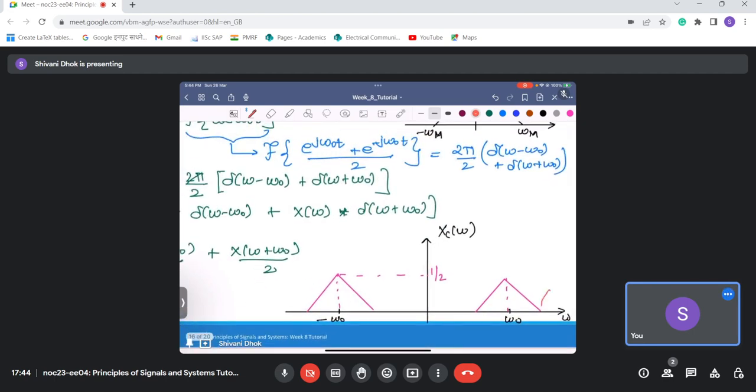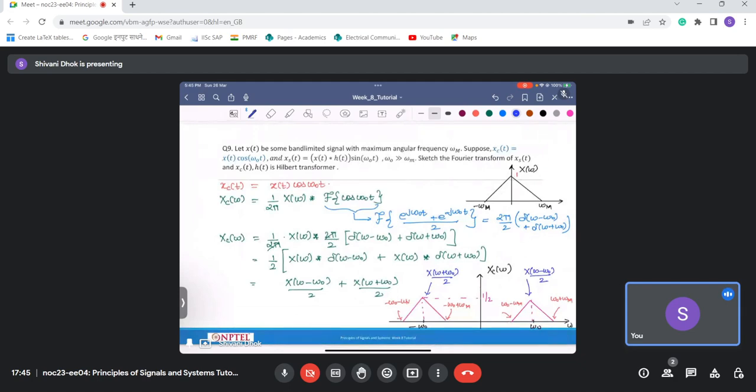This frequency here is omega naught plus omega m. This is omega naught minus omega m. This is minus omega naught plus omega m. This is minus omega naught minus omega m. This factor which is coming here is basically X(omega plus omega naught) by 2, and this factor which is coming here is basically X(omega minus omega naught) by 2. So this is the Fourier transform of xc(t), which comes out something like this.